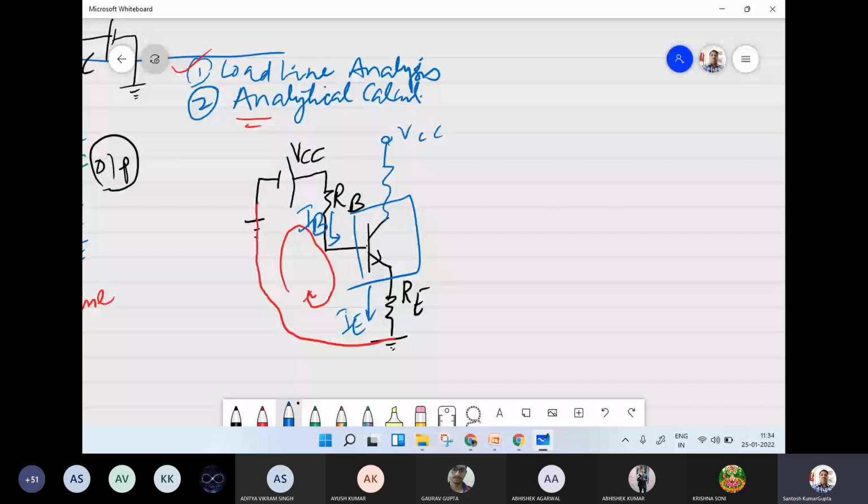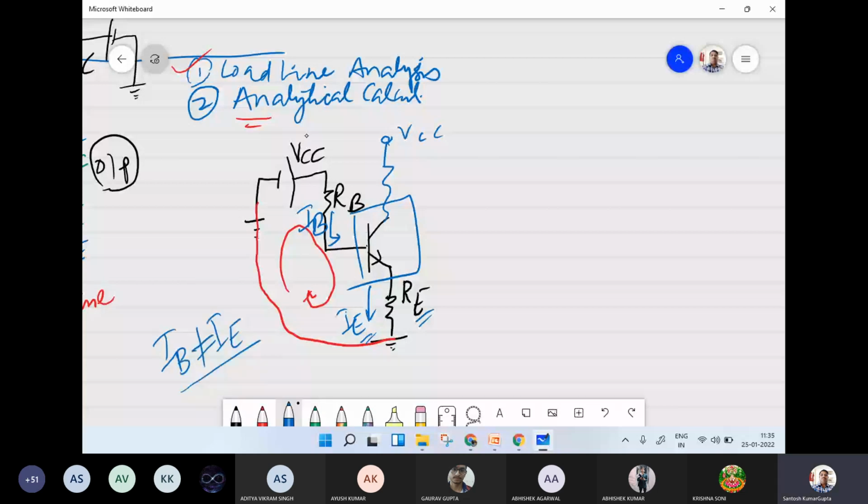This was not obvious in the previous case because RE was not present and the emitter was directly grounded. So we didn't face this problem there, but here, because of the presence of RE, there is a voltage drop across this resistance RE, and this voltage drop depends on the emitter current IE, and IB is not equal to IE.